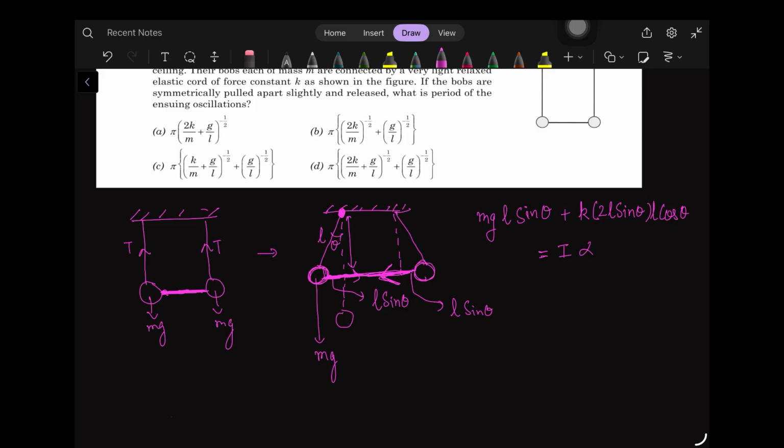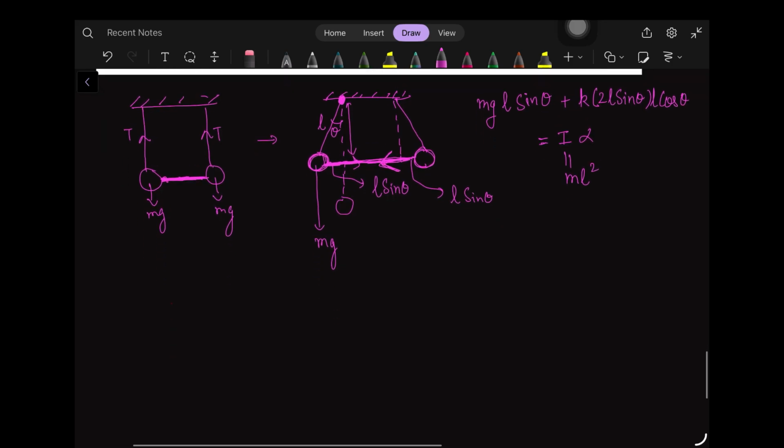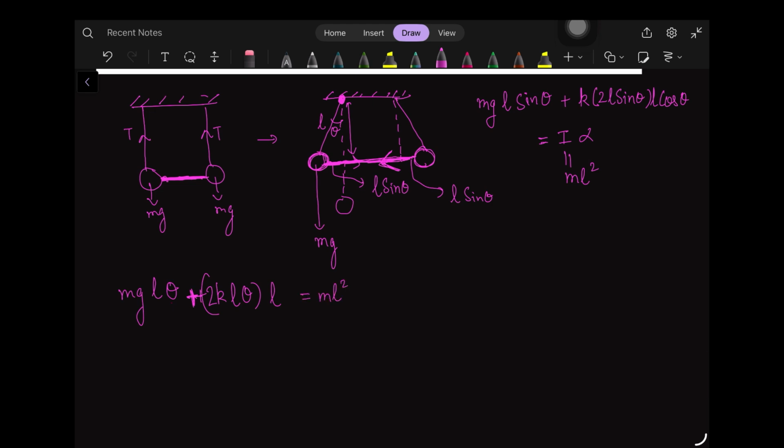So moment of inertia for this ball will be ml square. Now mg L sine theta I can approximately write as mgL theta because of small angle, plus 2k L theta into L cos theta, I can write cos theta as 1 because theta is small, equal to ml square d square theta by dt square.